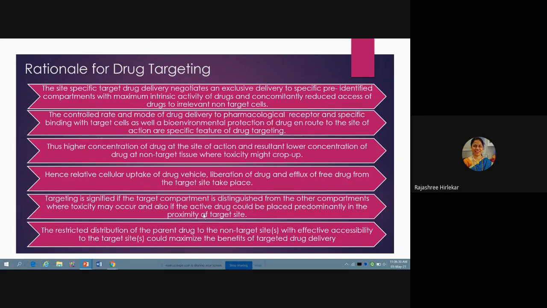So this way you can increase the concentration of the drug at that particular target site. Then the restricted distribution of the parent drug to the non-target site with effective accessibility to the target site could maximize the benefits of the targeted drug delivery system.